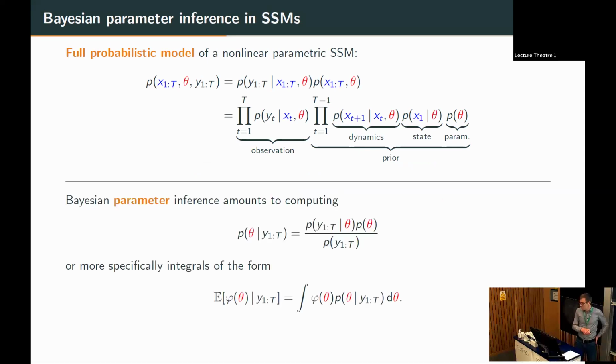Based on this, we want to compute some posterior distribution, which means essentially evaluating the marginal likelihood which appears in the expression, which would amount to integrating out all the latent variables, both the x's and the thetas.